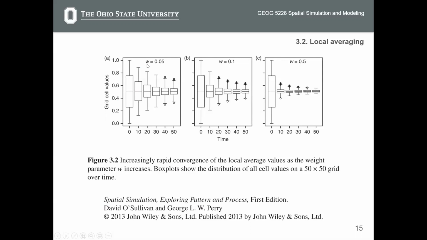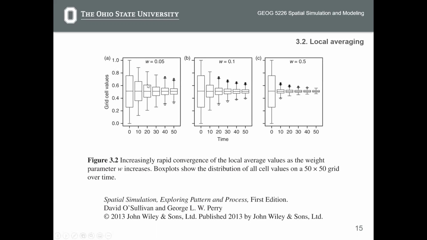Okay, we gave 0.05 to W, which means that only 5% of a cell's value after the next tick is decided by its neighbors. Then that's 10 generations, 20, 30, 40, 50.